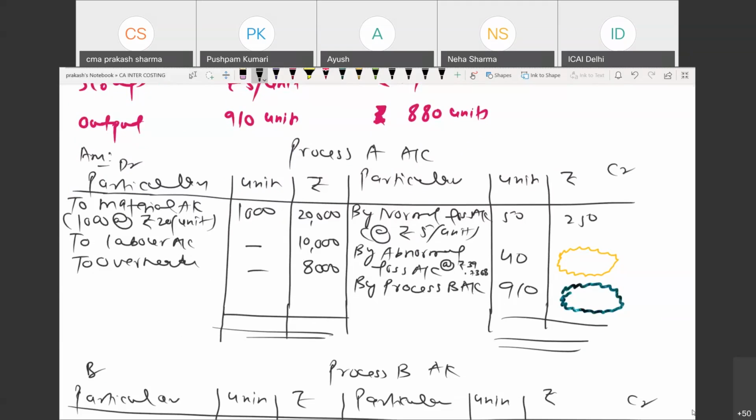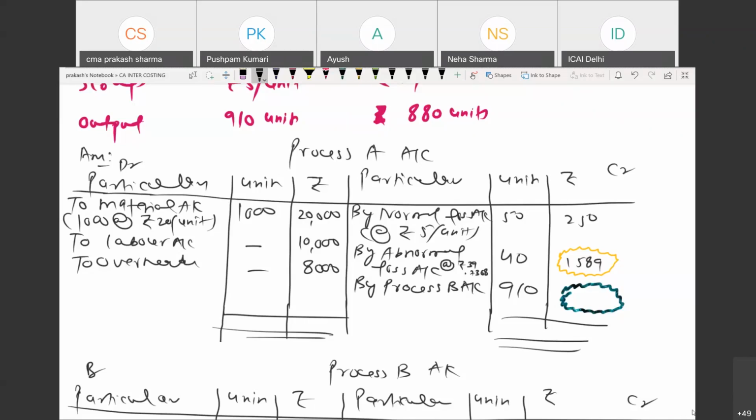Now multiply 40 units by this rate. What do we get? 40 units multiplied by 39.7368, I get 1589.47. I am rounding off, so the amount becomes 1589.